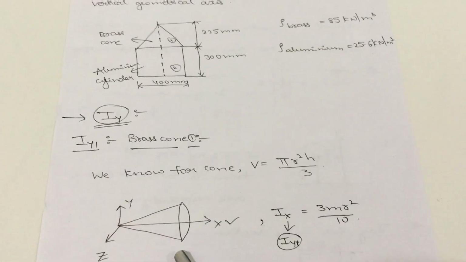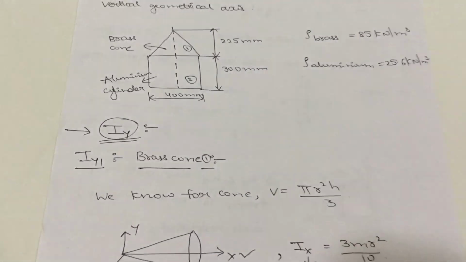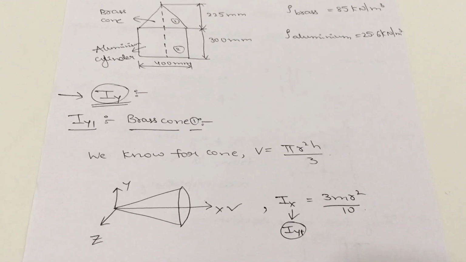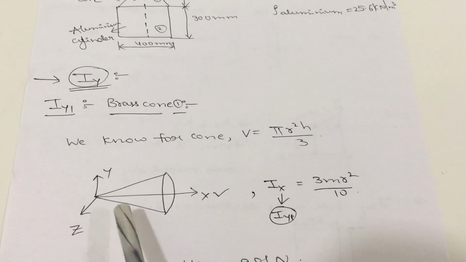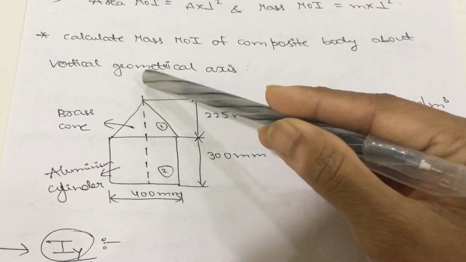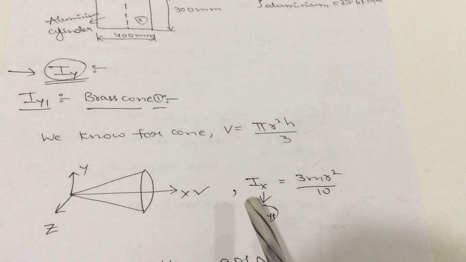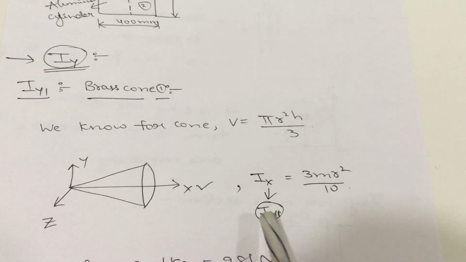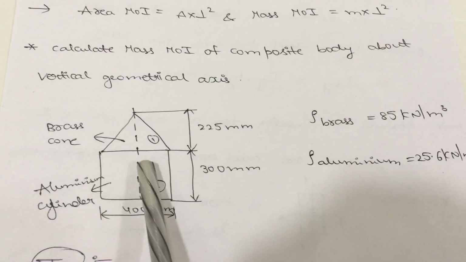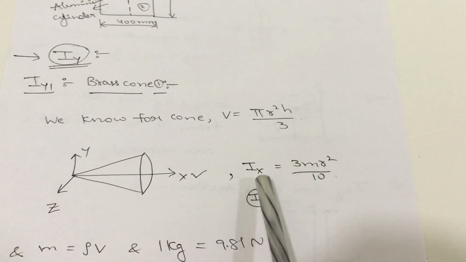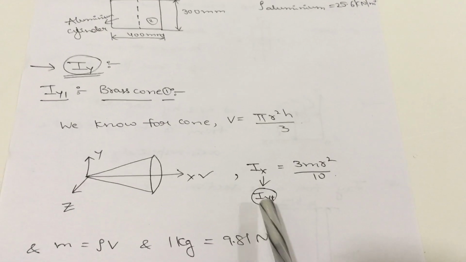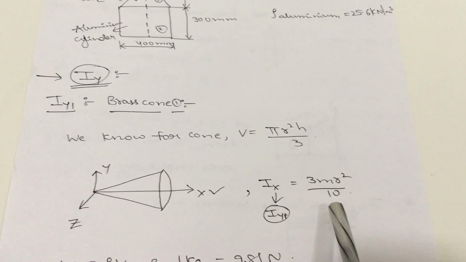So the position of the diagram in our problem is changed, and the formula will be changed according to the position of the diagram. Here Ix is nothing but Iy in our problem. So the Ix formula for the default diagram is the Iy formula for the brass cone, the first section. So Iy1 is equal to 3m r square by 10.